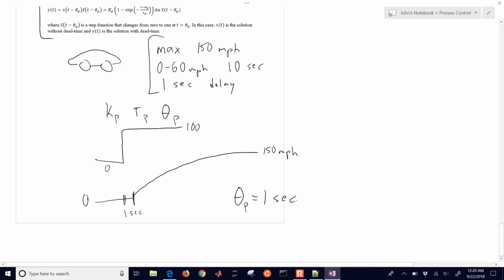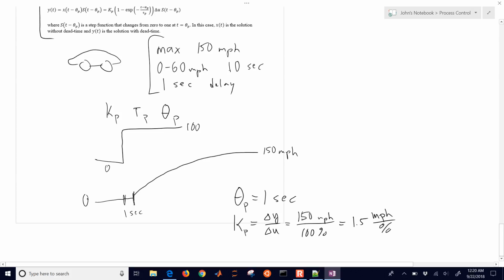That's our dead time. Our gain then is going to be our total delta y output divided by our delta u input, which is our gas pedal. So that's going to be 150 miles per hour for 100% on your pedal, which is 1.5 miles per hour per percent pedal.